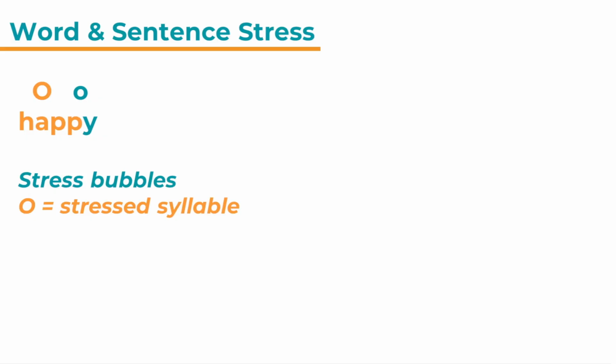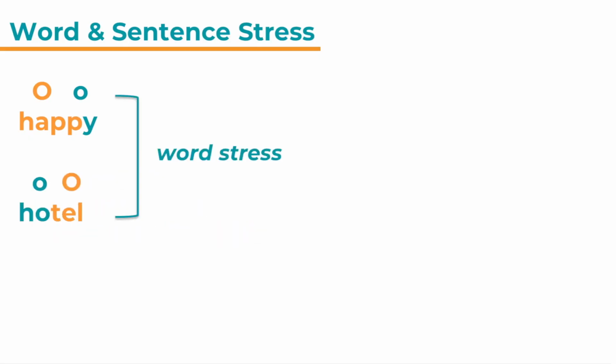So stressed syllable is big, and the unstressed syllable gets a small bubble. Of course, we could also have words like hotel, also two syllables where the stress falls on the last syllable, hotel. So this is word stress, and yes, we can use stress bubbles.